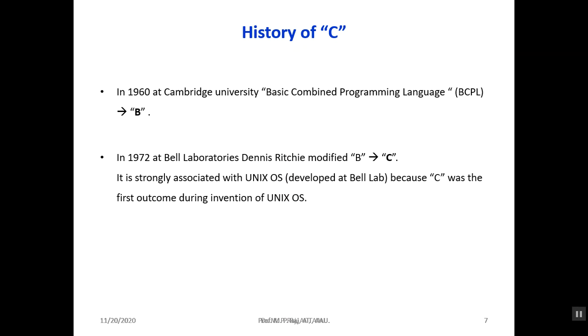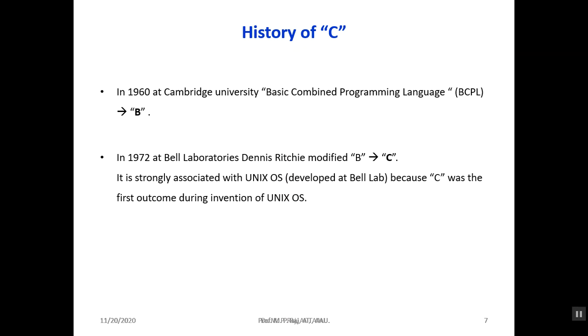So we can say that C language was a byproduct of Unix OS. And today also C language is much more powerful compared to any other language, because C language today also has significance in most of the operating systems. We can say that most of the Windows OS code is written in C language.